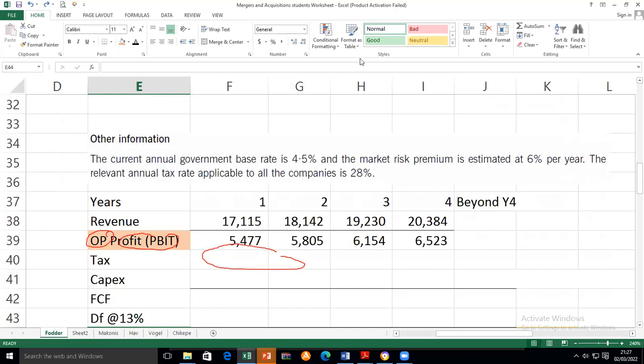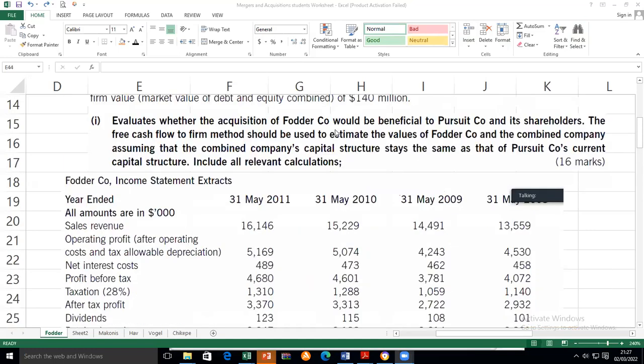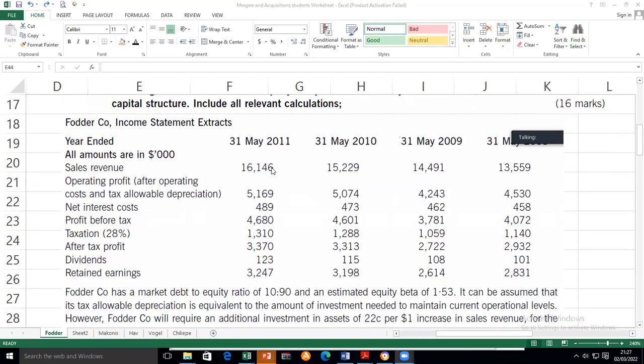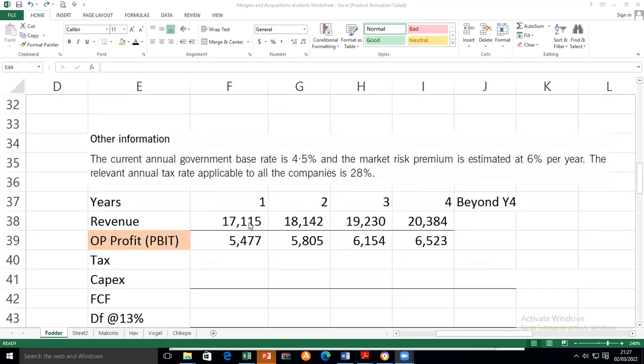Now, what was the $1 increase in the first year of operations? Currently, what is our current sales? 16,146. So there's a growth from 16,146 today, and one year times what? 17,115.